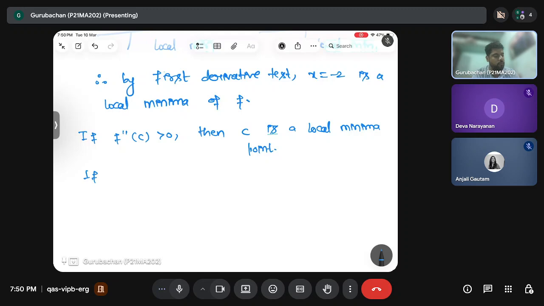If f double dash c is less than 0, then c is a local maxima point. So what will be the double derivative, f double dash x?